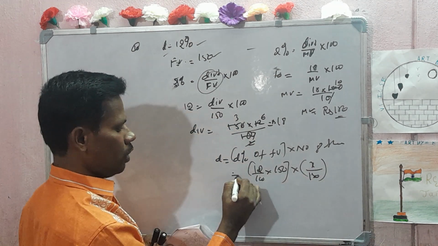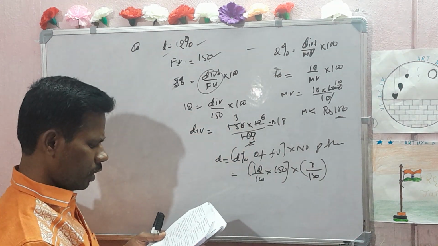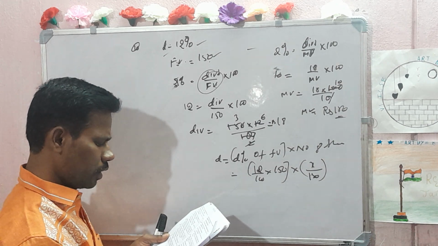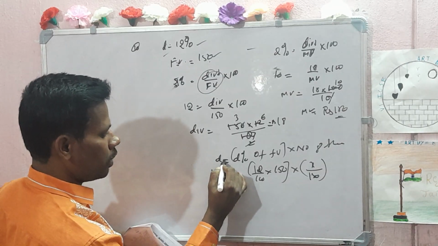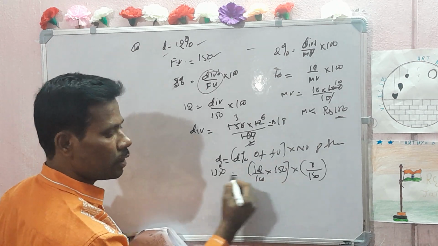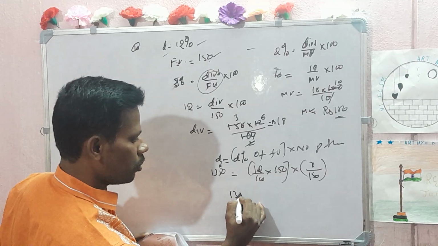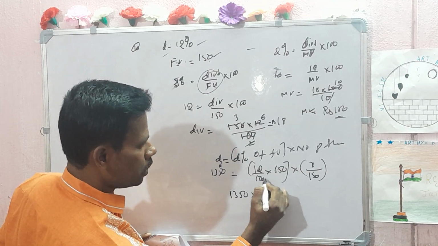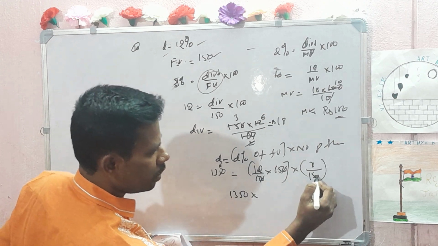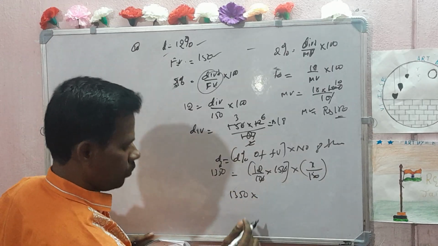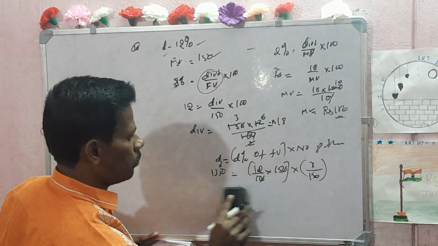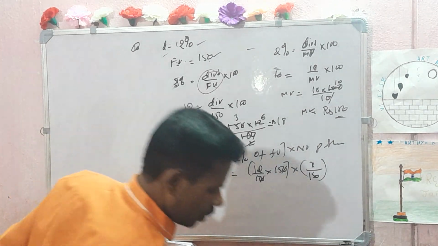So from this, what is the dividend given? The amount to be invested to obtain an annual dividend of 1350. They already give the dividend as 1350. From this, calculate the value of x. So 1350 into 100, zeros cancel.